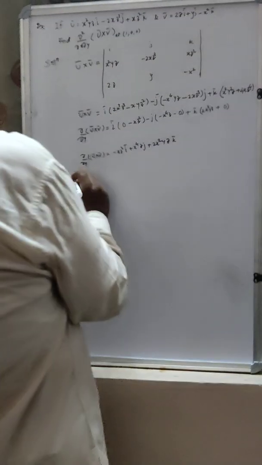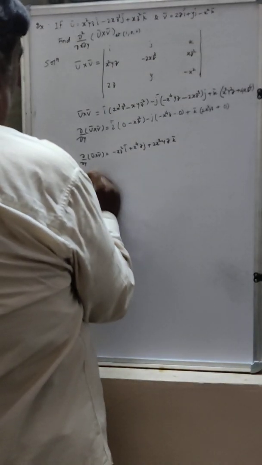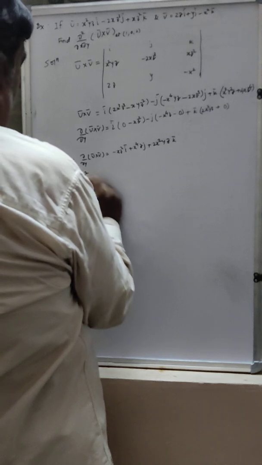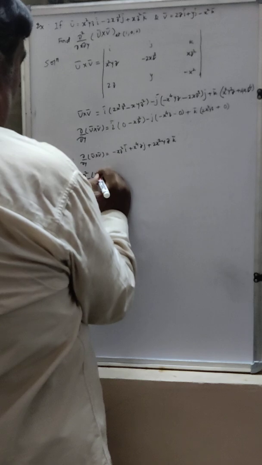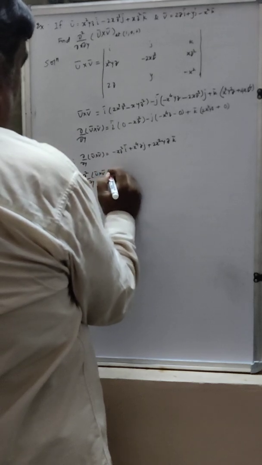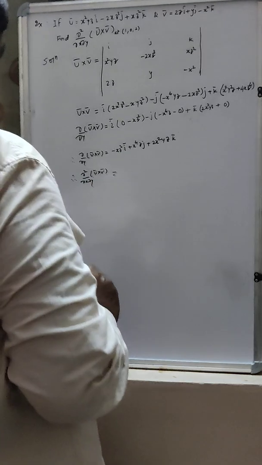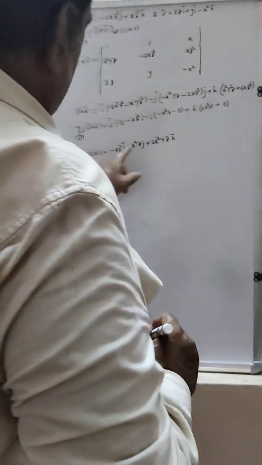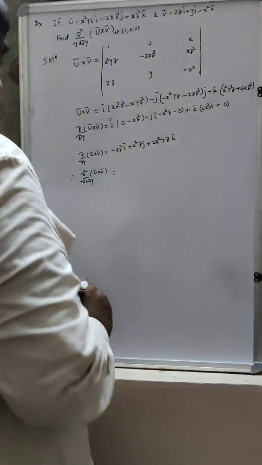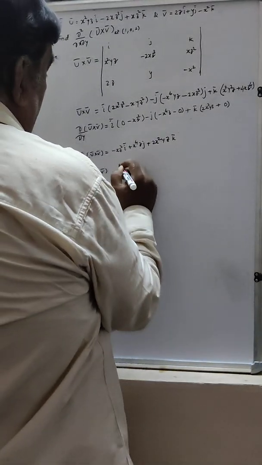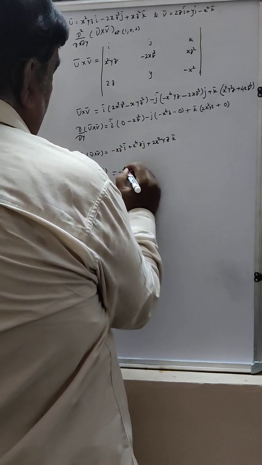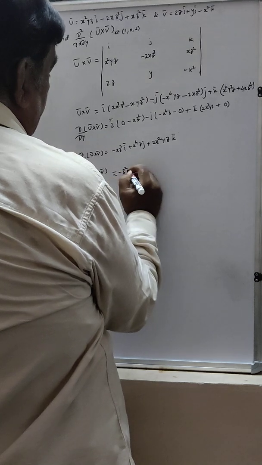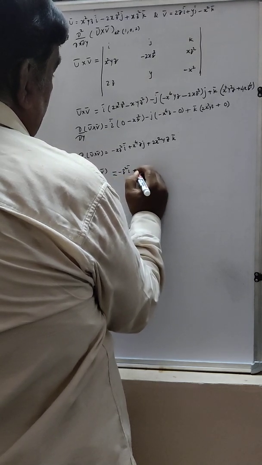Again differentiate with respect to x. Therefore, ∂² by ∂x∂y of u vector cross v vector is equal to: differentiate this equation with respect to x. Here minus z square is constant, derivative of x is 1, i vector.